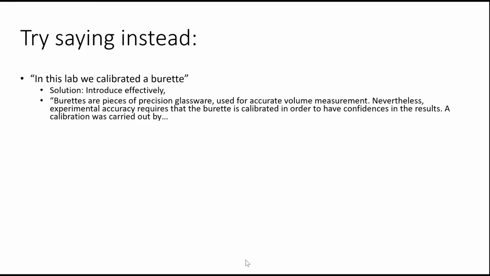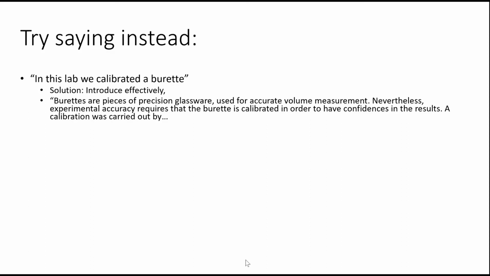So what would be the solutions for this particular set of problems? Instead of saying "in this lab we calibrated a burette," introduce more effectively what you're trying to do. Here's an example: Burettes are pieces of precision glassware used for accurate volume measurement.